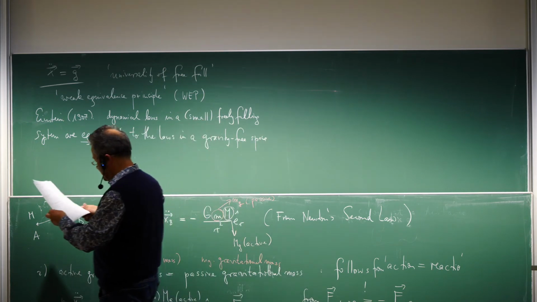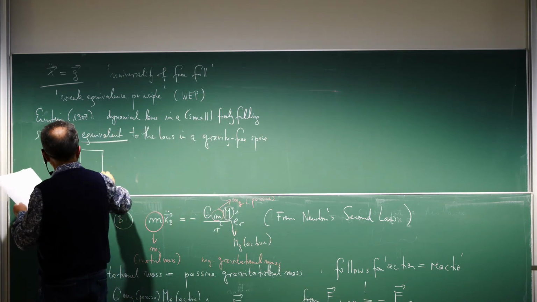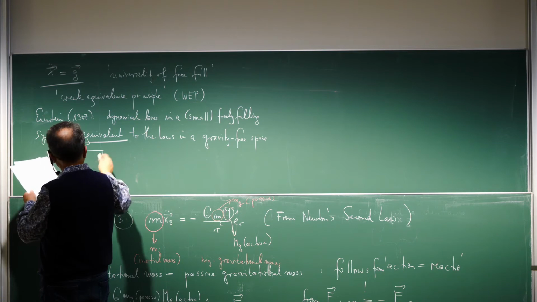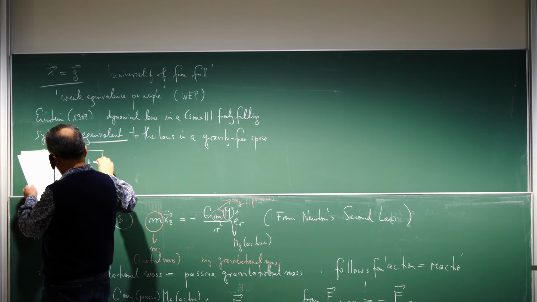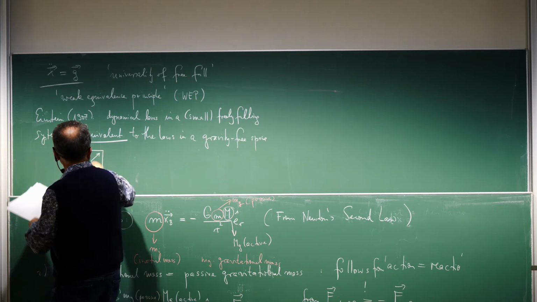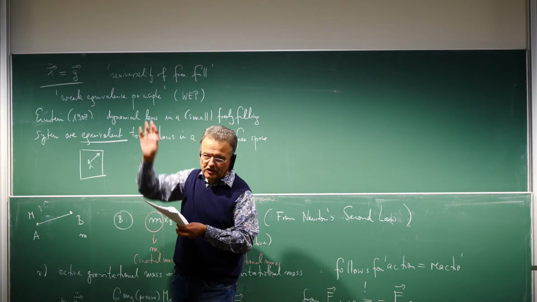That is, if you have such a box, you cannot see outside, and it's floating in interstellar space, for example, and you just throw a body, then there's no gravity; it will just follow a straight line.